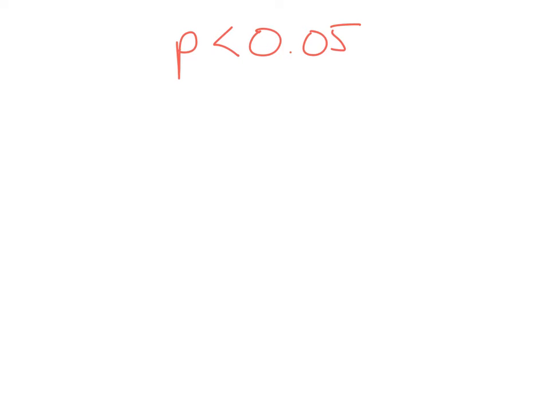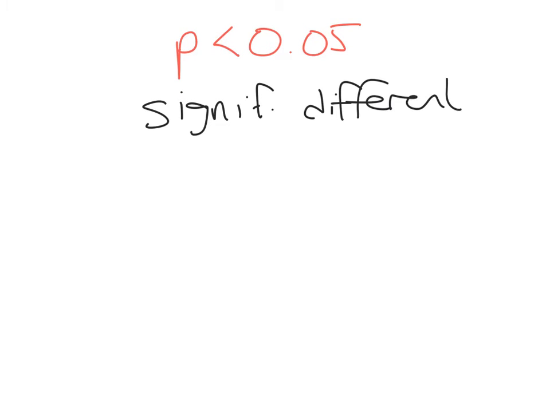So scientists have agreed that when p is less than 0.05, the observed and the expected values are significantly different. That is, the observed values are not equal to the expected values. So that's something you just have to remember. When the p-value is really small, then the observed and the expected values are different.